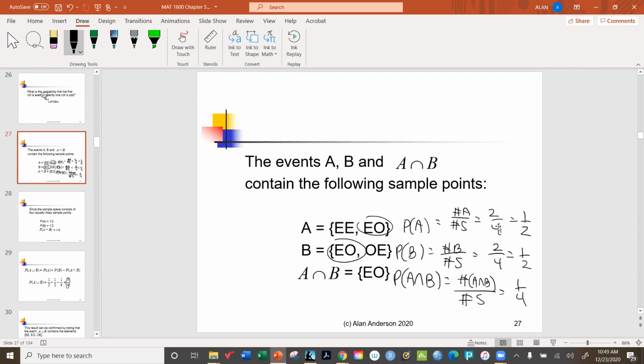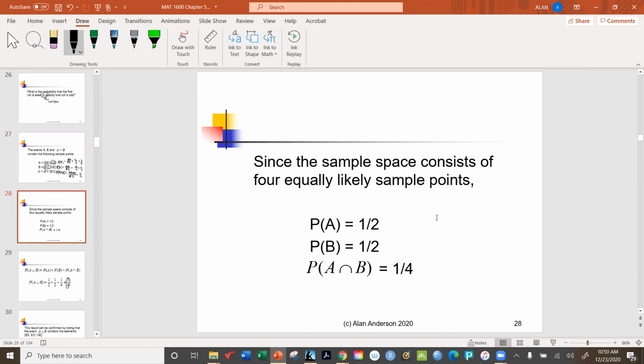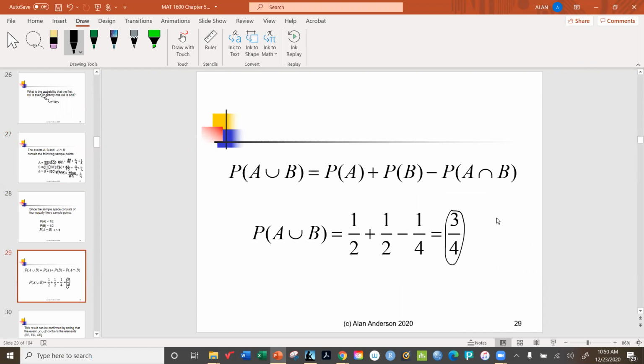So yeah, this is just what we saw here. I just wanted you to see why. And you plug them in and voila, there's your probability. Now remember, A was equal to EE and EO. As an alternative, here's what you could have done.